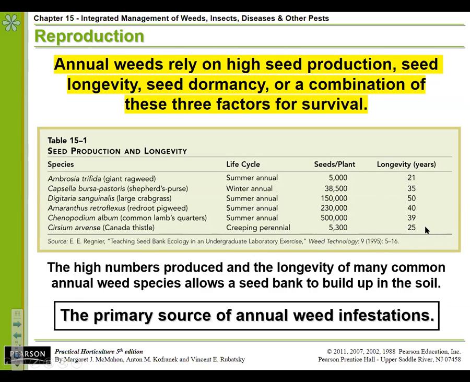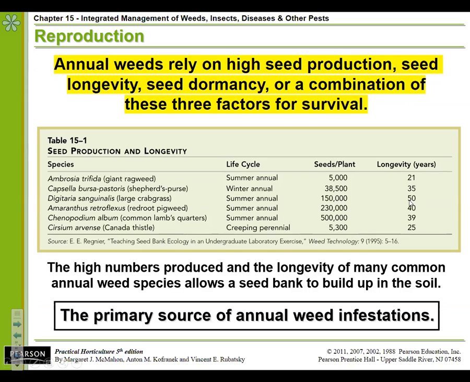So that's how long it takes for germination percentage to be reduced by half. If you look at, say, crabgrass here, 150,000 seeds per plant per growing season, and a longevity in the seed bank of 50 years. Again, that's for half.